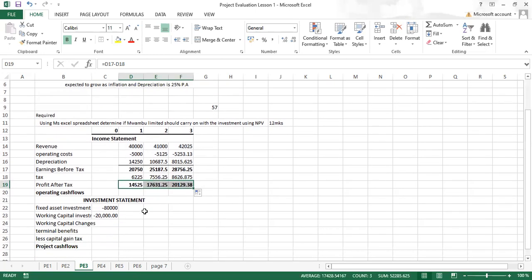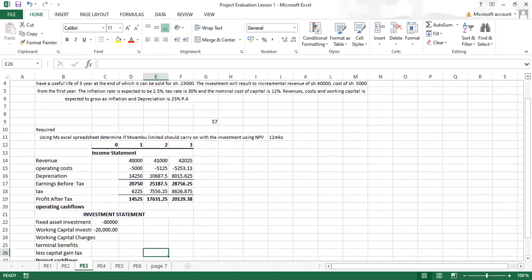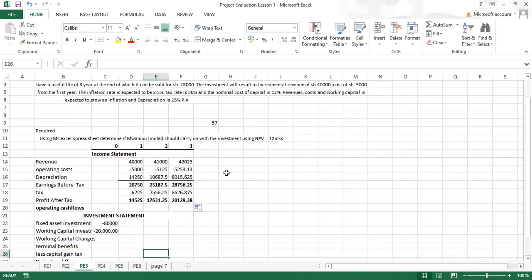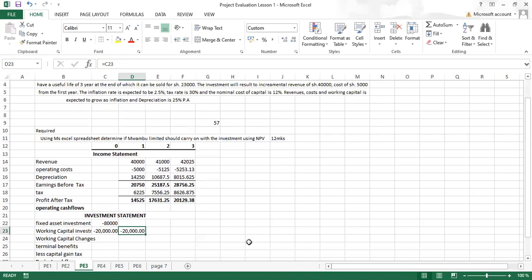Okay, also we have been told here the working capital also will be changing as inflation, but when we start here, you see now we are from year 0 to year 1, so the inflation cannot be there. It will be just this way, 20.